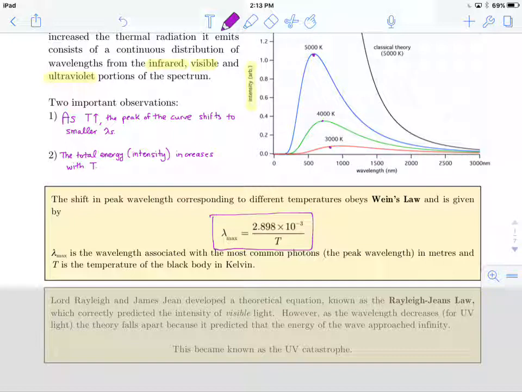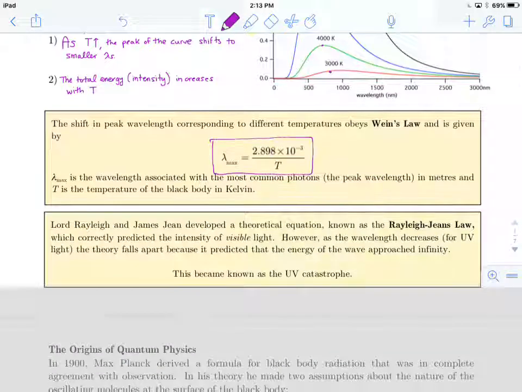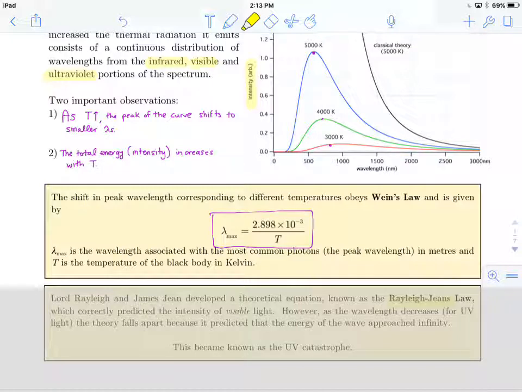So if you ever wanted to know the peak wavelength at a certain temperature, Wien's law is the one that can predict that for you. Now, Lord Rayleigh and James Jeans developed a theoretical equation, known as the Rayleigh-Jeans law, and it correctly predicted the intensity of visible light. It was pretty good at predicting what happened for lower temperatures and for visible light.